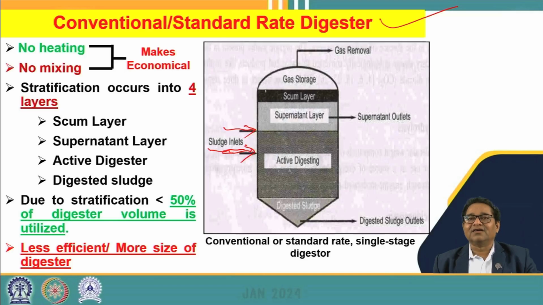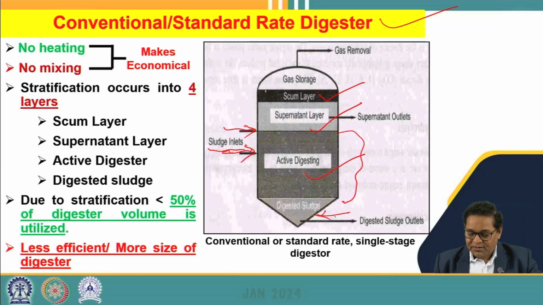As the digestion proceeds, stratification of different layers happens in the digester. There is a scum layer, another layer which is the supernatant layer, then this zone which we call the digestion zone or active digestion zone, and finally at the bottom the digested sludge. So there are different layers.